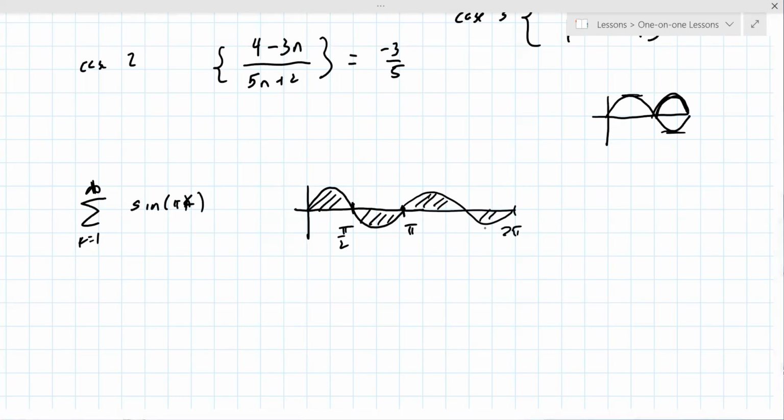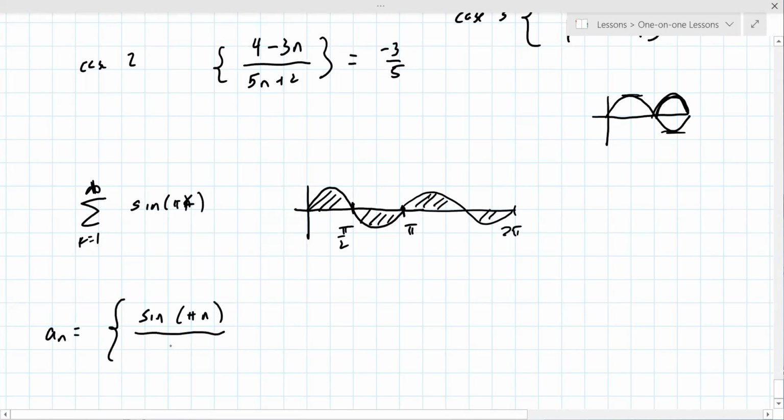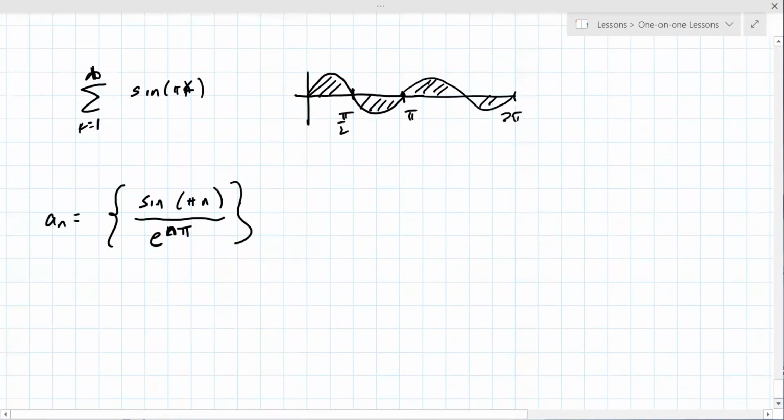Oh boy. How about this? Let me just get your feeling on this one. Sine pi n, if your a_n equals this, over e to the n pi. Okay.